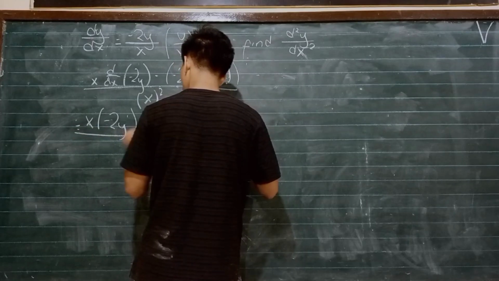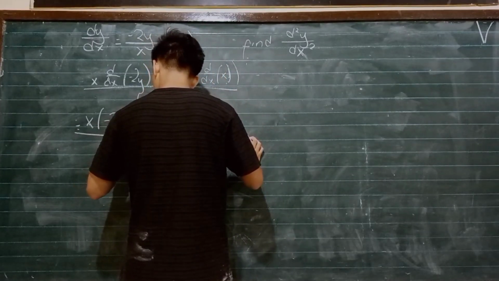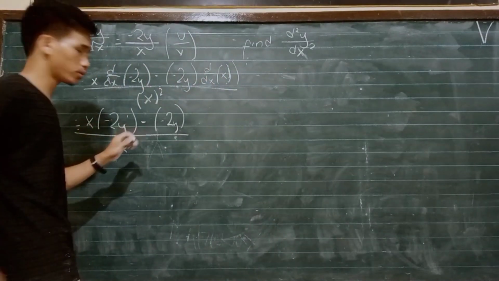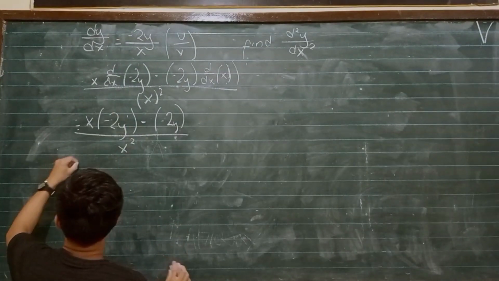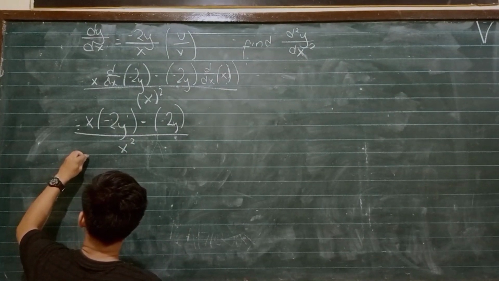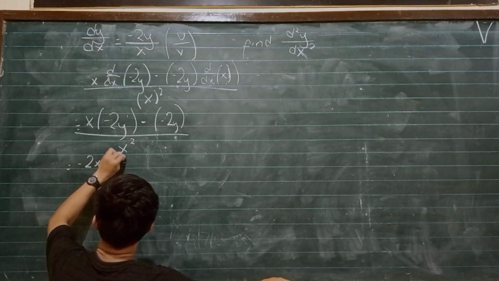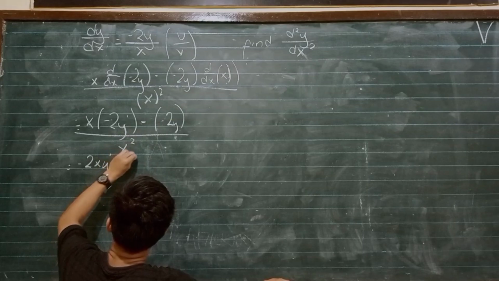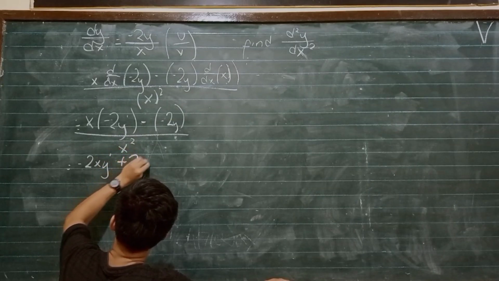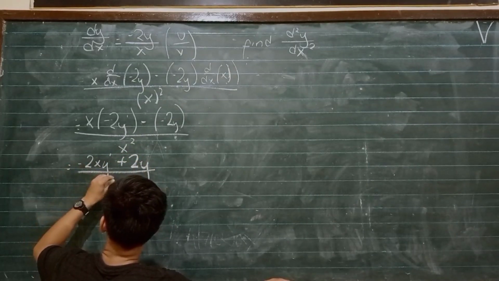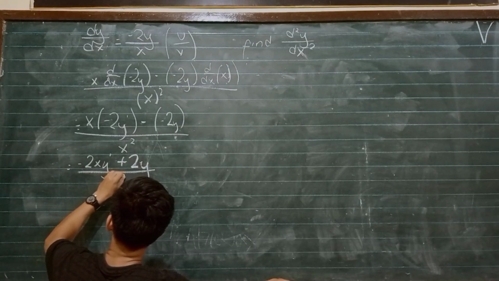over x squared. So distribute, it will be negative 2xy prime plus 2y over x squared.